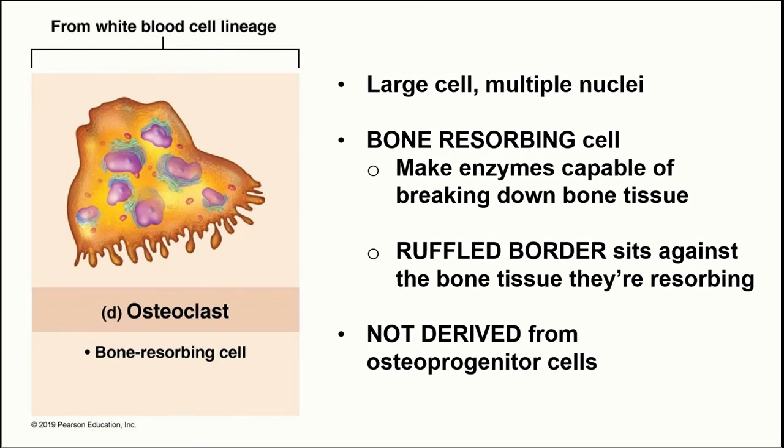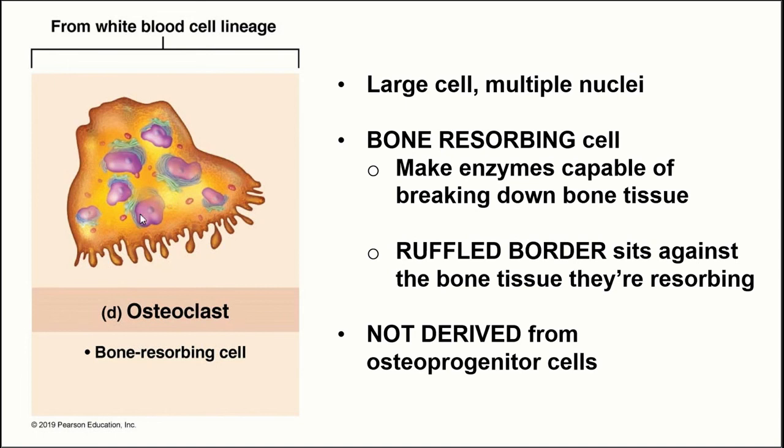So last but not least, we have osteoclasts, right? And osteoclasts are very large cells. That is, these are giant cells that contain many nuclei and lots of Golgi apparatus associated with those nuclei. Now remember that Golgi apparatus are helpful in that they are packaging proteins for export from the cell.